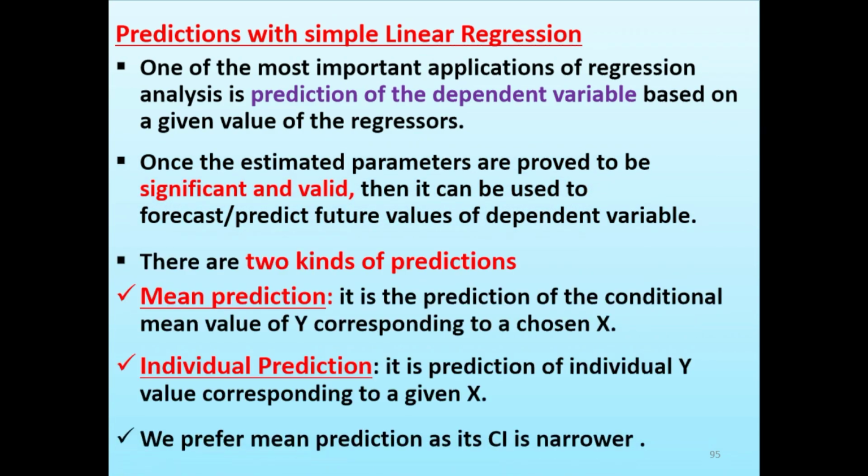There are two kinds of prediction፣ ሁለት አይነት predictions አሉ። The first one is mean prediction, right? It's the predictions of conditional mean value of y corresponding to a chosen x.